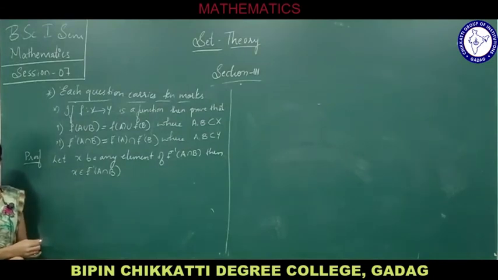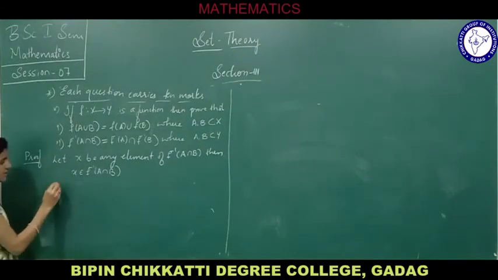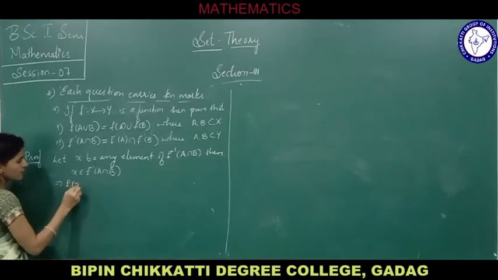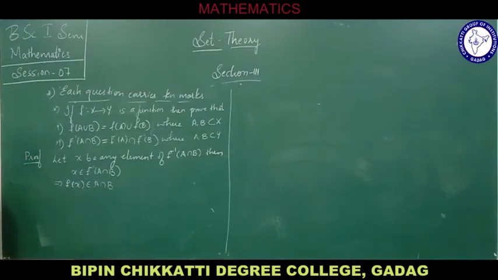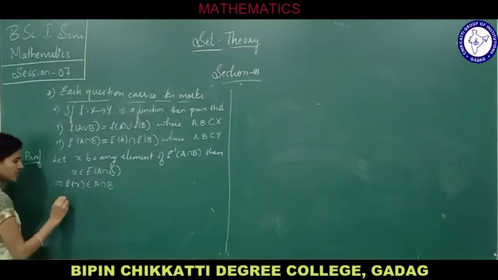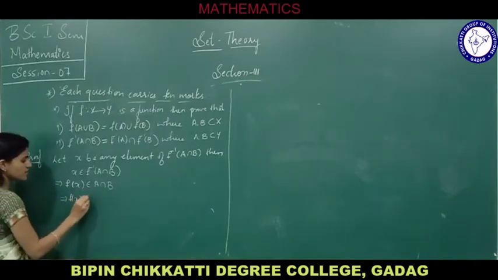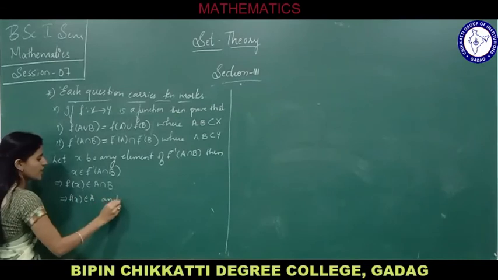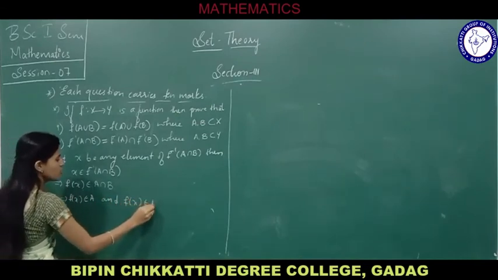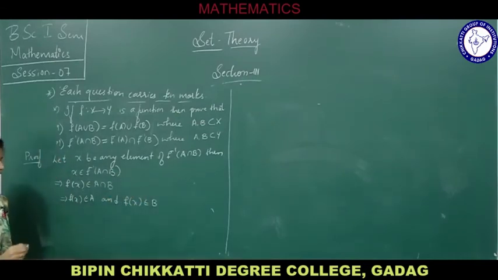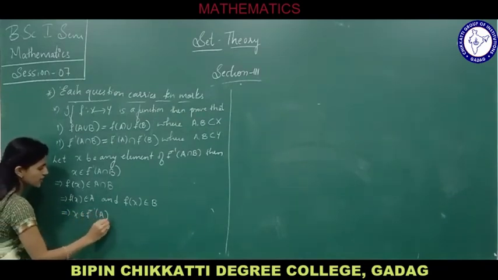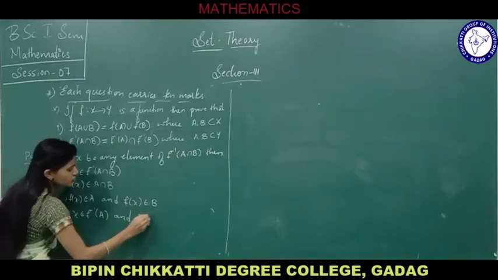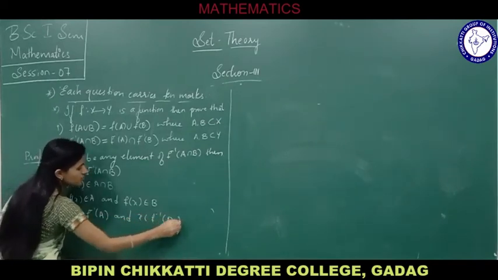If it belongs to f inverse of (A intersection B), we can write f(x) belongs to A intersection B. It implies f(x) belongs to A and f(x) belongs to B. If so, we can write x belongs to f inverse of A and x belongs to f inverse of B.